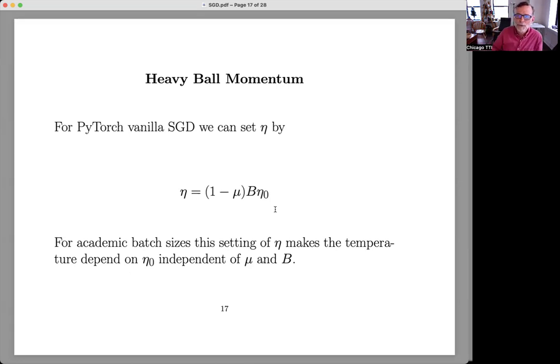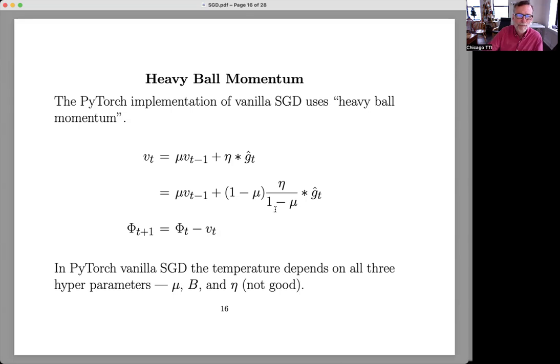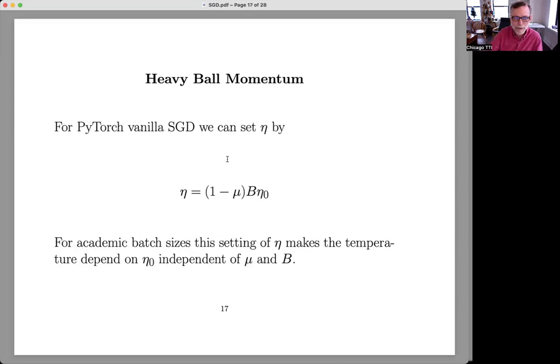So what I'm going to propose, if you're going to be doing this in practice, if you're using PyTorch vanilla SGD and you have to give it this parameter, is to reparameterize: define a base parameter, a learning rate 0.